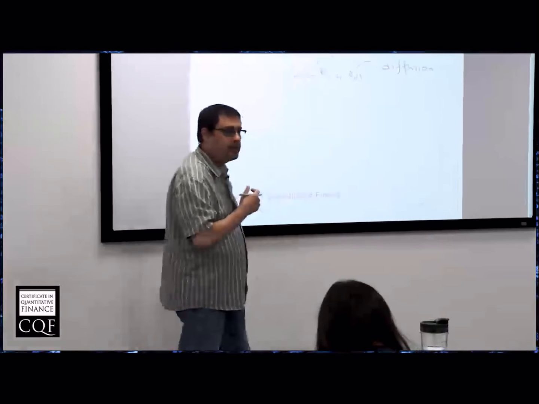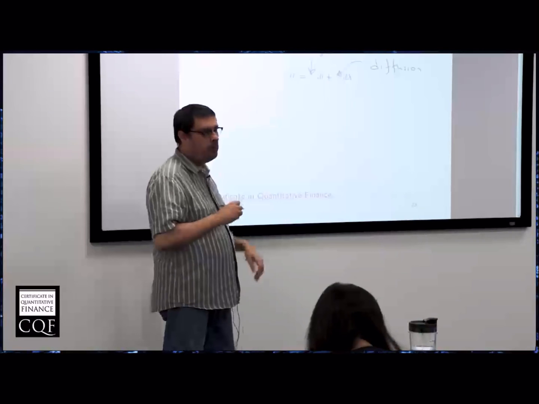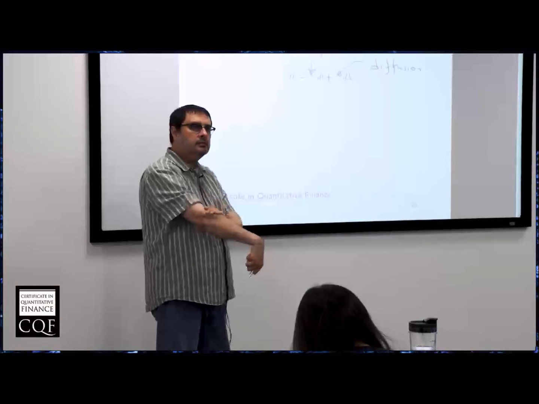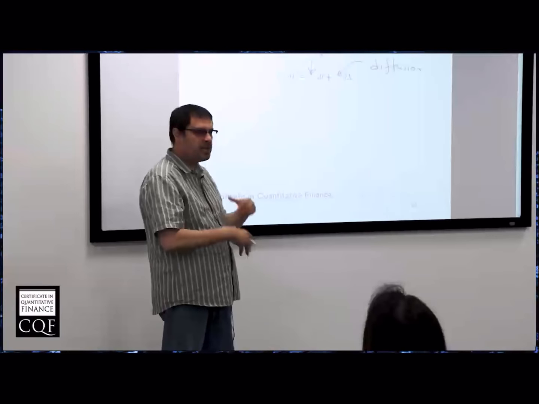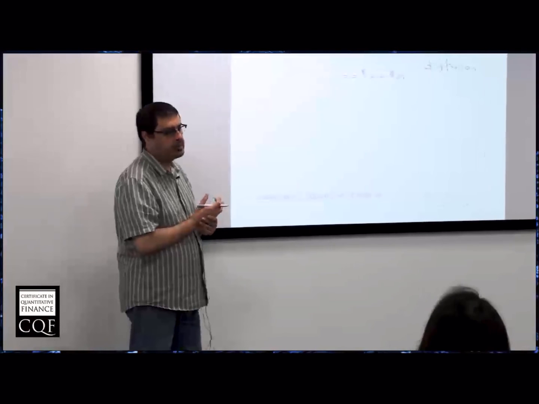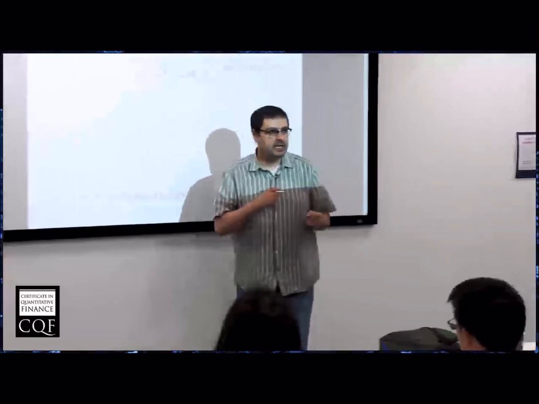So what we're now going to do is we're going to use this idea of forming the derivative. But there's no such thing as a derivative in stochastic calculus like we are used to in normal everyday calculus. So when we say the derivative, we know we're talking about dy by dx.